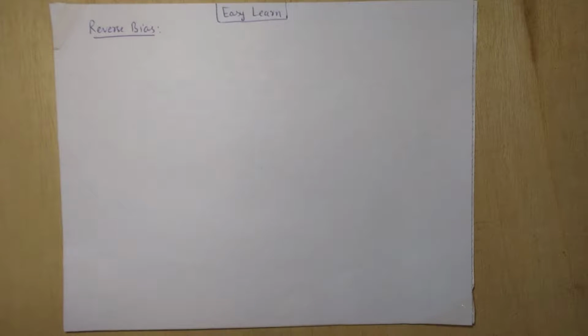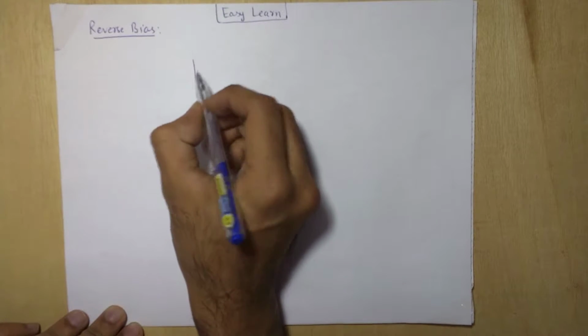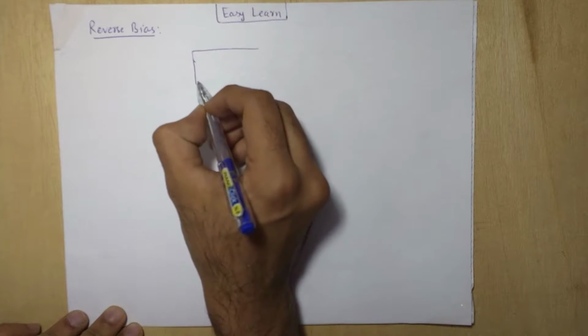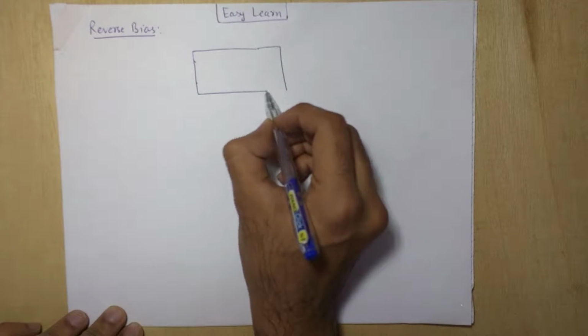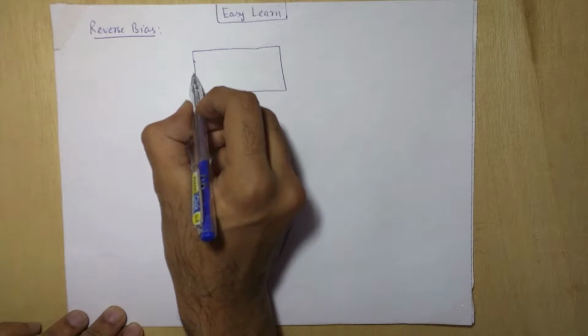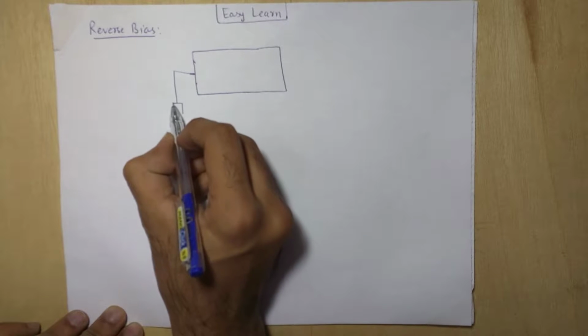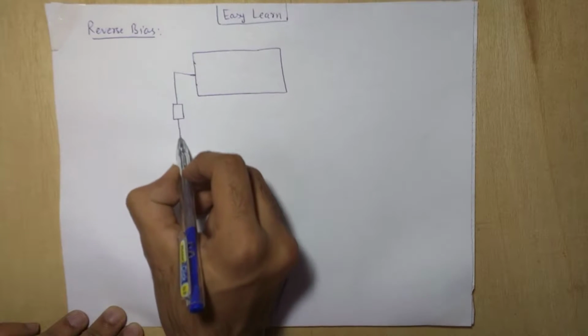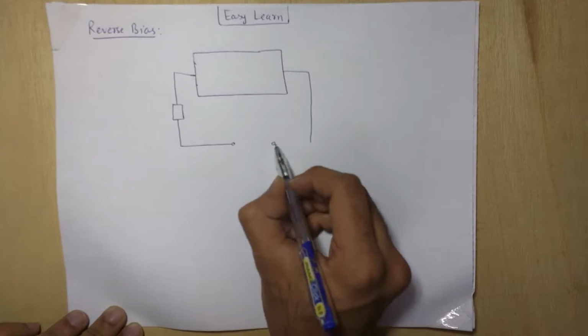If we connect with this type of polarity, the diode does not allow the current to pass through it. For example, this is a p-n junction, and here, for example, this is a resistance, and this is an external biasing voltage.